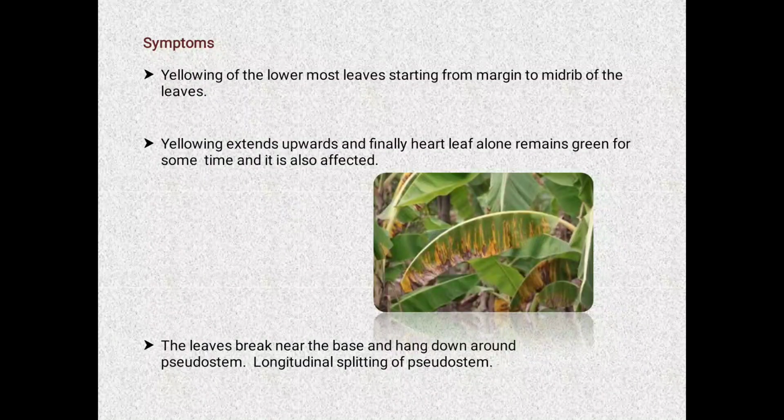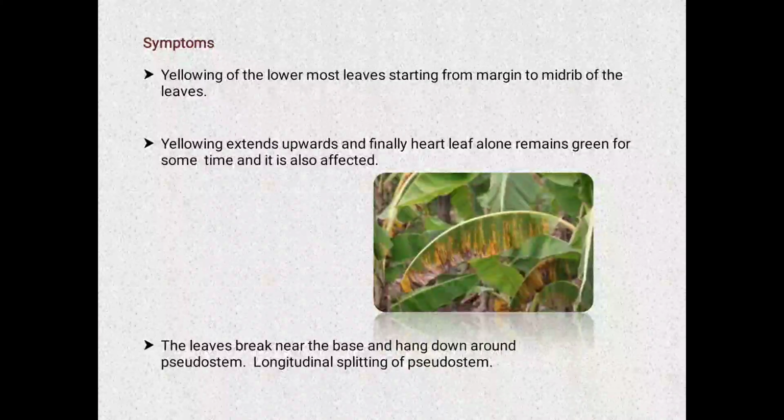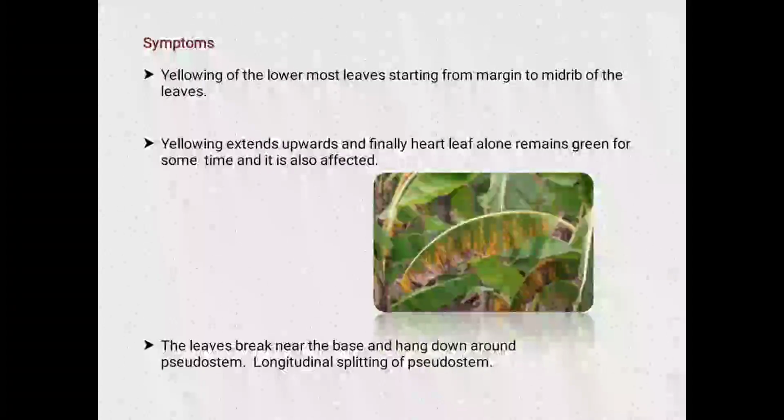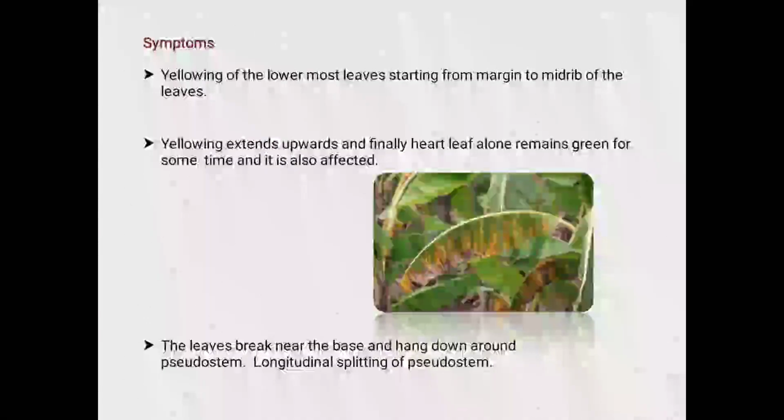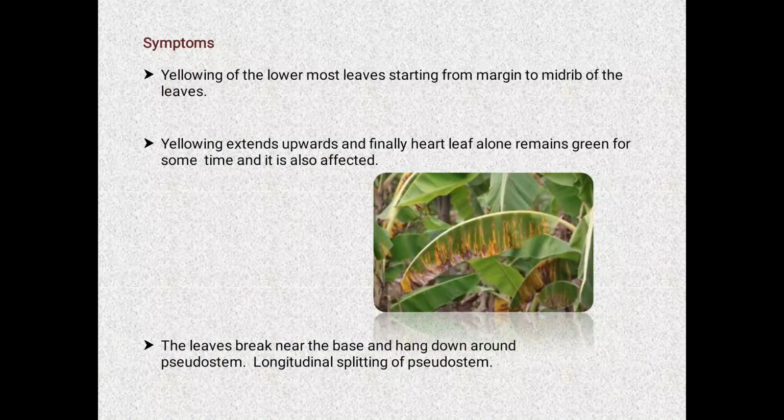Let me see the symptoms. The yellowing of the lowermost leaves starting from margin to midrib of the leaves. See here, most diseases show the same symptom, that is yellowing of leaves and plant parts, but the pattern of those spots or streaks is different from each other.